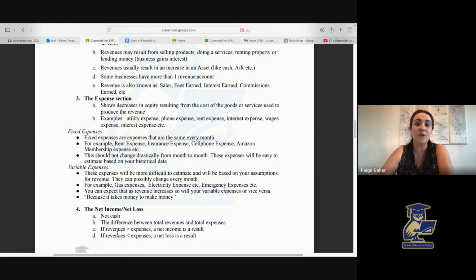So if revenues are greater than expenses, which we want them to be, you have a net income. That will be the result. You want the revenues to be greater than the expenses. You want more money coming into the business than what's going out of the business. However, sometimes that's not the case. And in that case, if revenues are less than the expenses or expenses are greater than revenues, a net loss is a result.